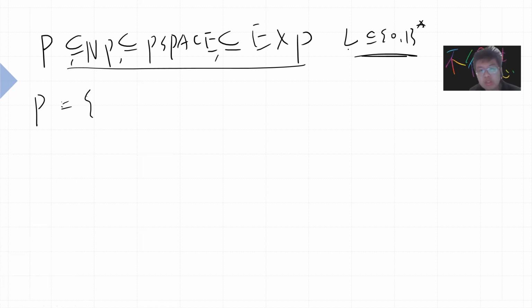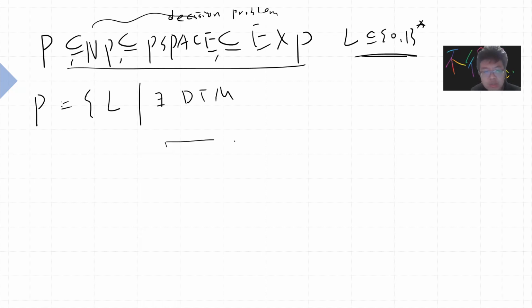Usually all these complexity classes are defined only on decision problems. Basically, the output is 1 or 0, or yes or no. So P is the set of decision languages L such that there is a deterministic Turing machine. You can view a deterministic Turing machine as the basic standard definition of a Turing machine.